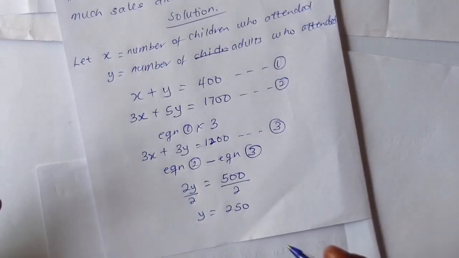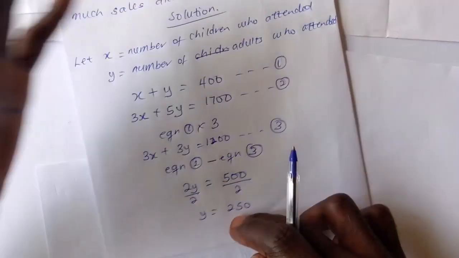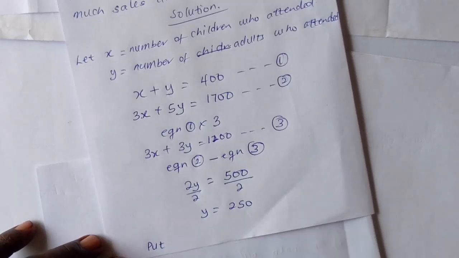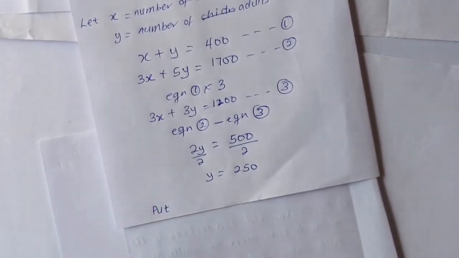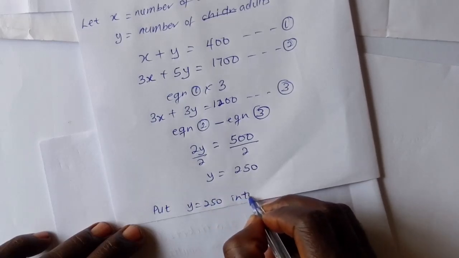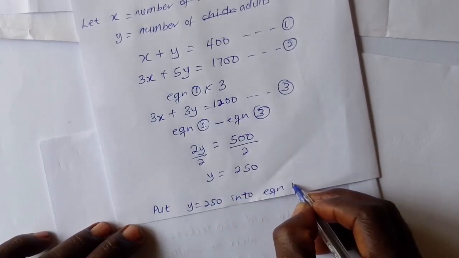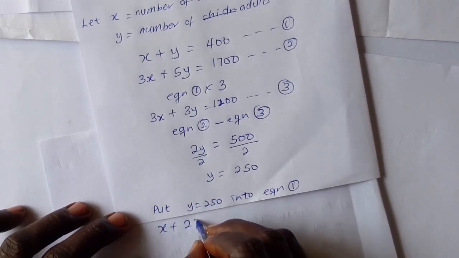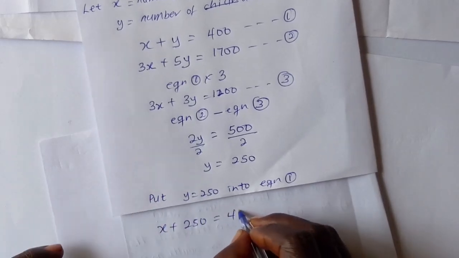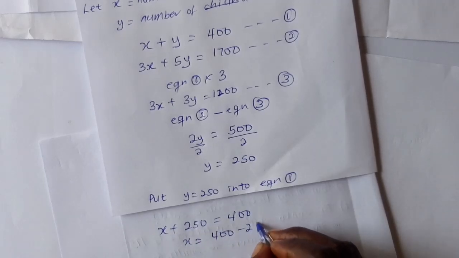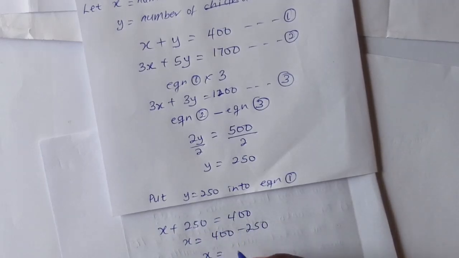Now we can just go ahead and substitute y into any of the equations to get x. So if I put y equals 250 into equation 1, this implies that x plus 250 is equal to 400. X is equal to 400 minus 250. Our x is equal to 150.